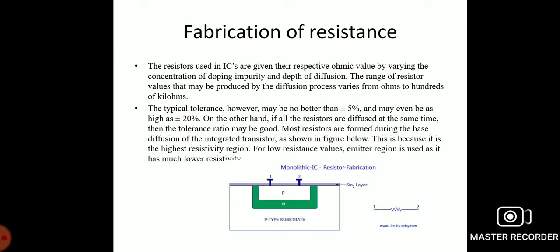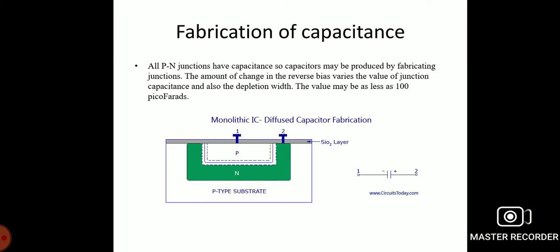And now we move to the fabrication of capacitance. It is one of the monolithic integrated capacitance fabrication methods. Monolithic capacitances are not frequently used in integrated circuits since they are limited in the range of values obtained by their performance.